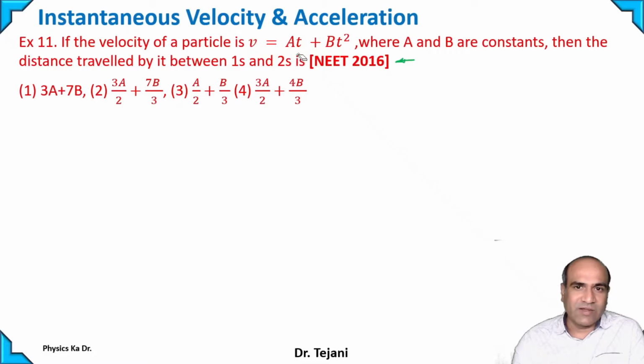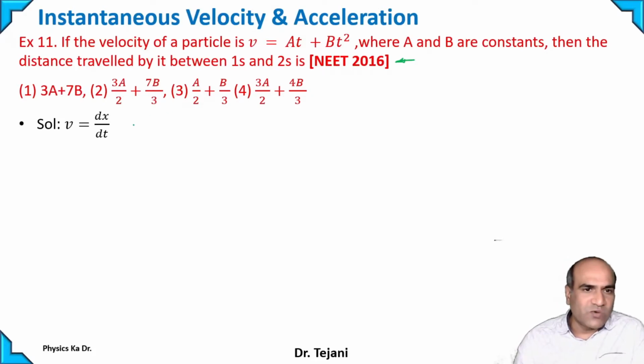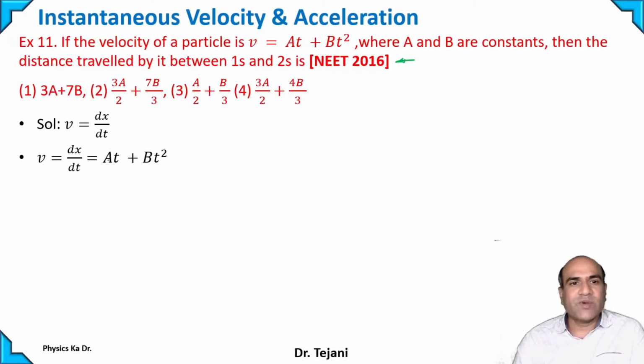So distance is required, so we need to convert velocity into an equation of distance. So v is equal to dx by dt. Putting this value, dx by dt is equal to at plus bt square, because v is given directly. So what next?